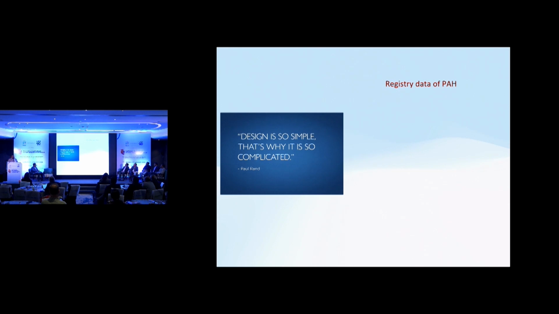From the registry data of PAH, more of the patients are diagnosed beyond the age of 60 years. And these are the patients who are likely to have cardiopulmonary disease. And not surprisingly, 60 to 85% of the patients with PAH have cardiopulmonary comorbidities.